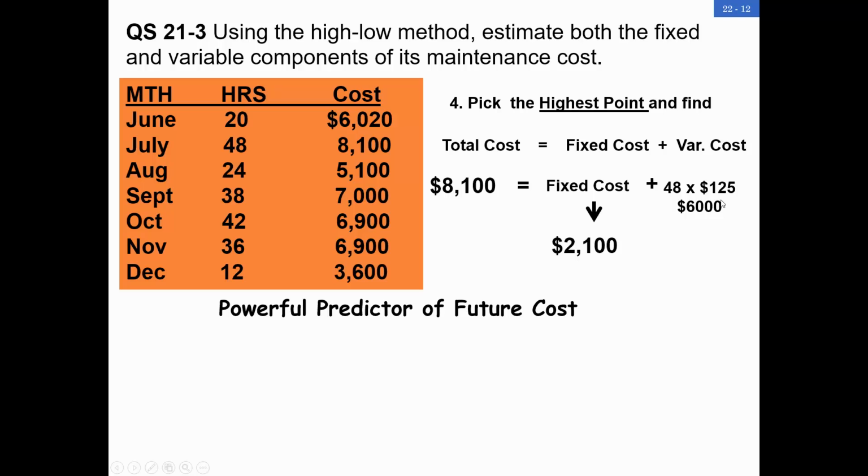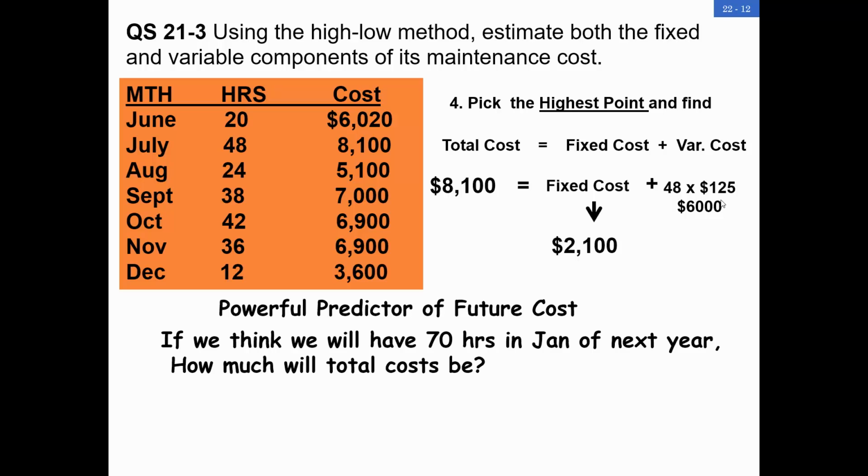It's a powerful predictor of future cost. If we think we'll have 70 hours of maintenance in the month of January, which will be the next month coming up, how much will total cost be in January? Well, this is just an estimate, but it's usually pretty close.